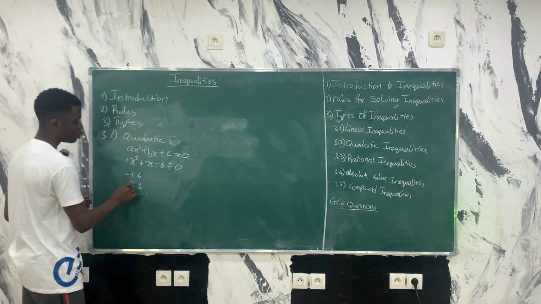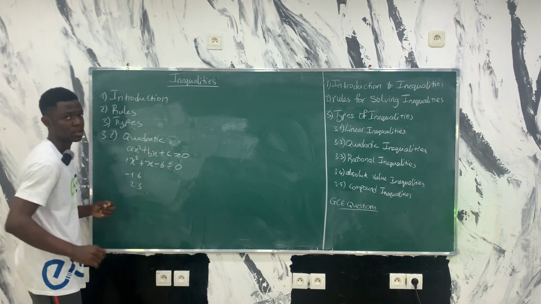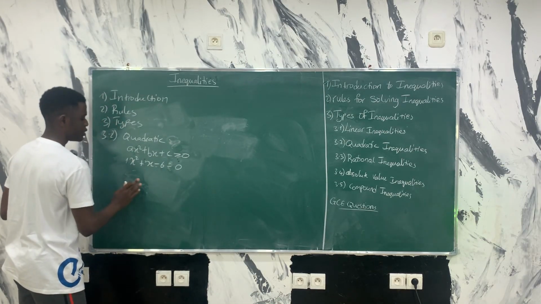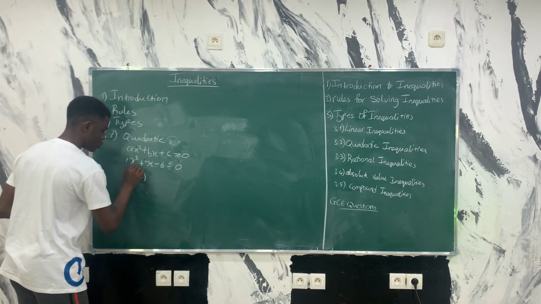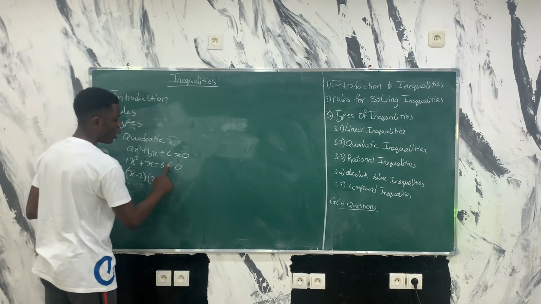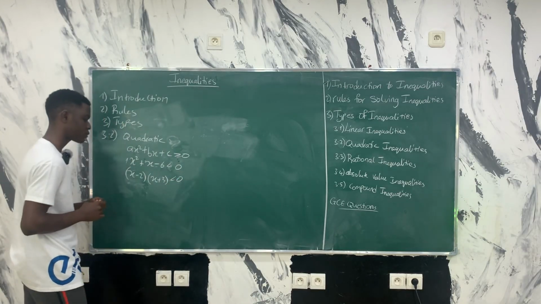So if I put minus 2 times 3, it is minus 6, and the sum is 1. So when I factorize, since I have minus 2 and 3, I'll have x minus 2, x plus 3. I'll put back my inequality sign. It was less than 0.